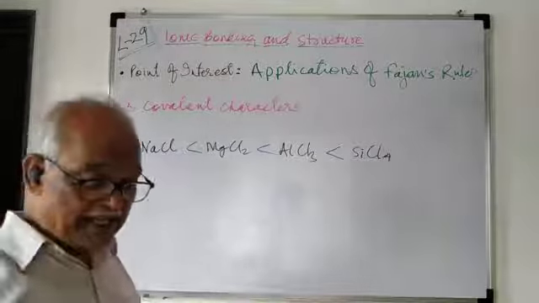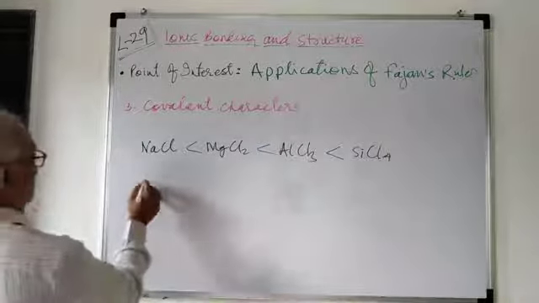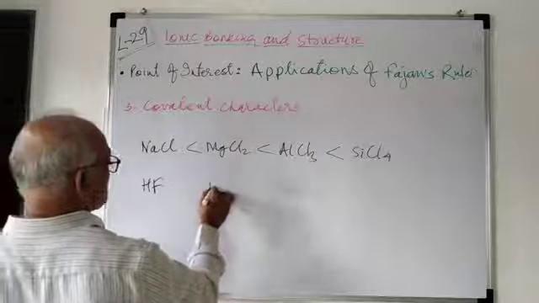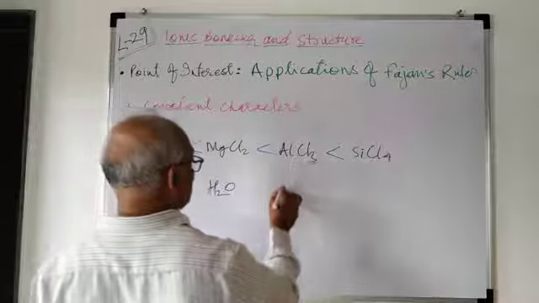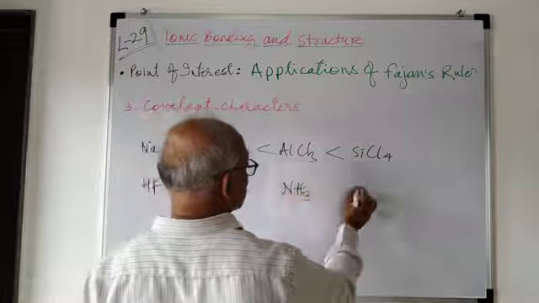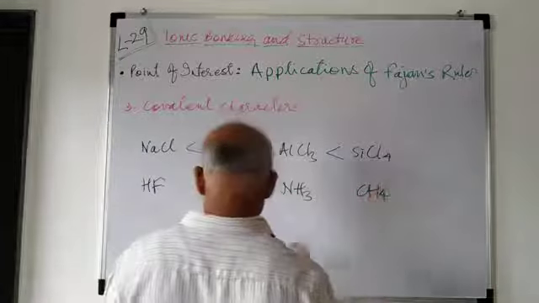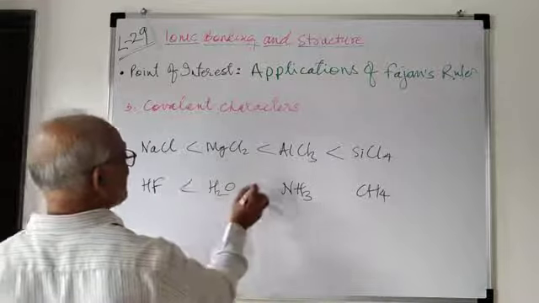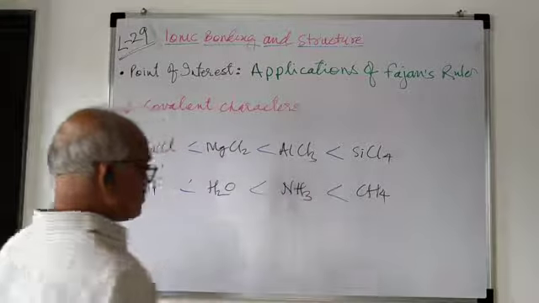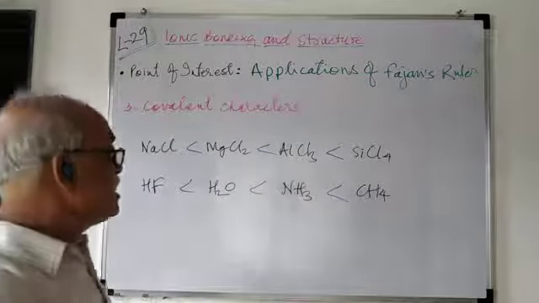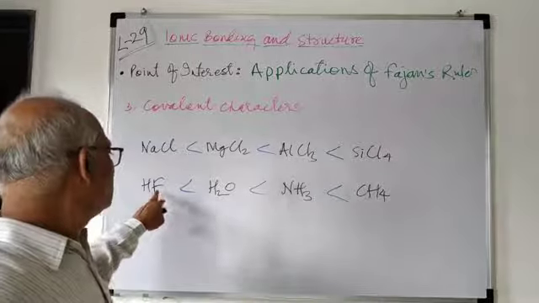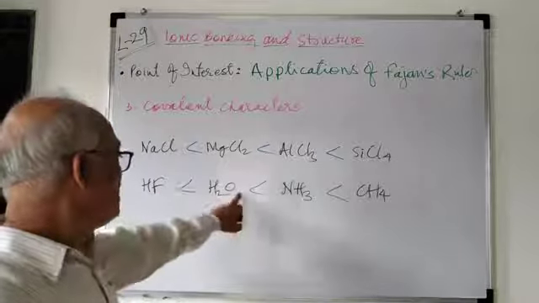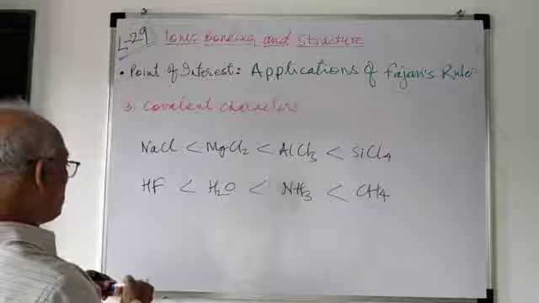Similarly, another example is HF, H2O, NH3, CH4. Here also you will find that the covalent character is increasing in this direction, because the anion is monovalent F minus, oxygen is 2 minus.